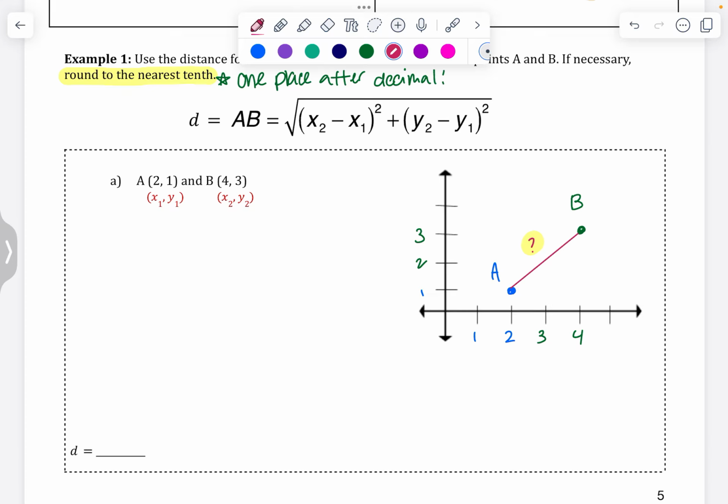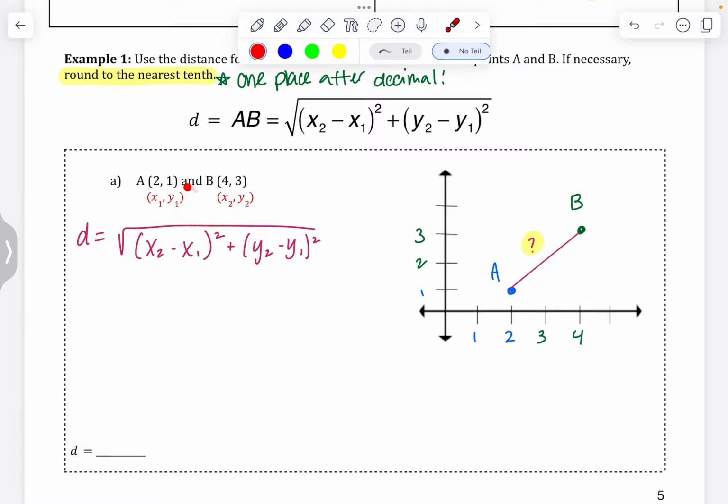Let's calculate by using the distance formula. I'm just going to copy and paste it down. I have d is equal to the square root, it's a long square root, of x2 minus x1 squared plus y2 minus y1 squared. When I'm looking at my points, these x1s, y1s, x2s, y2s, that's where you plug it in. So 2 is x1, 4 is x2.